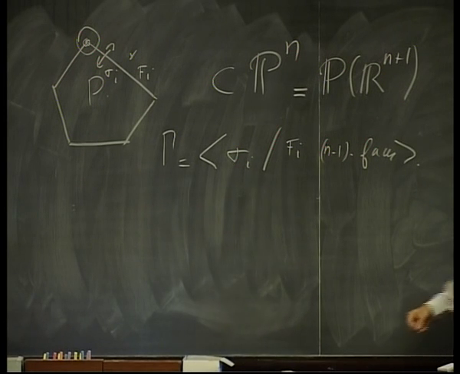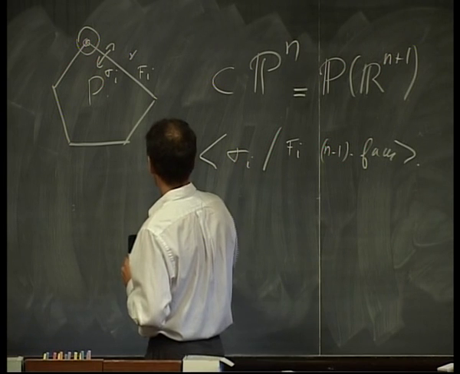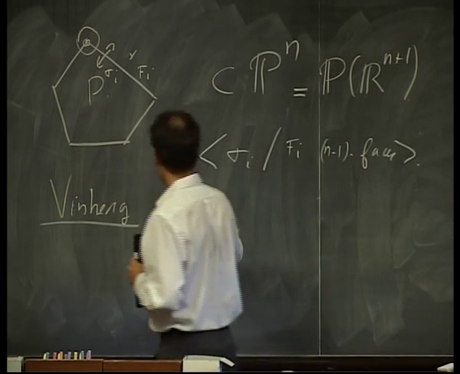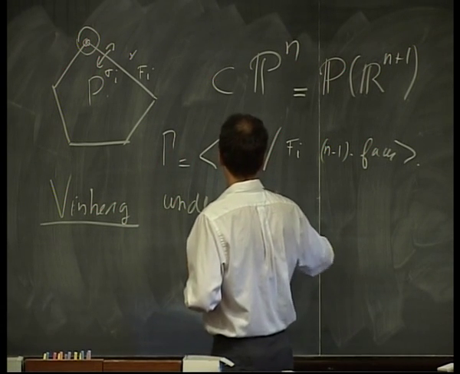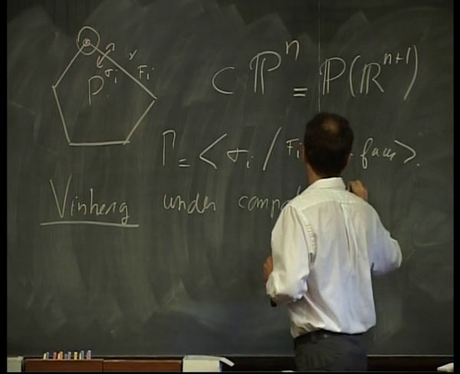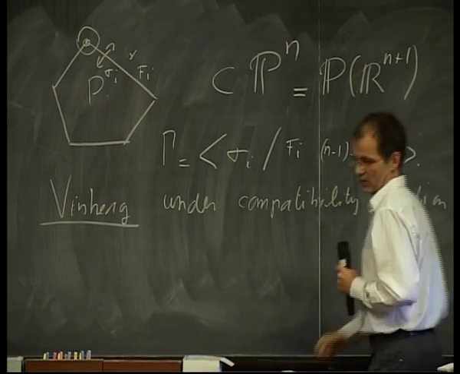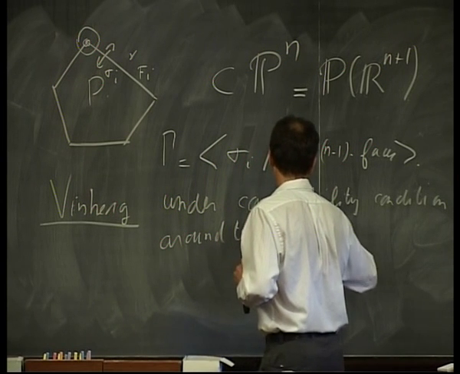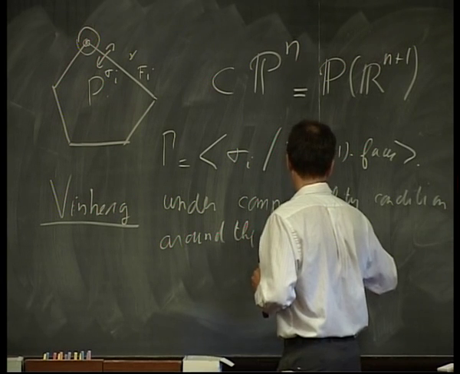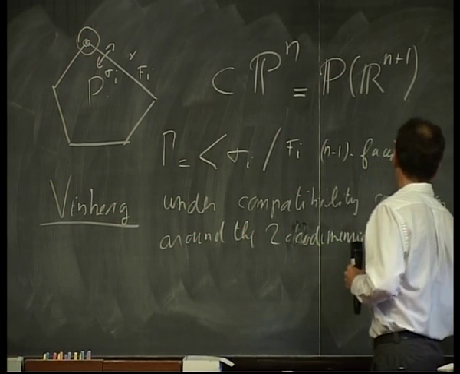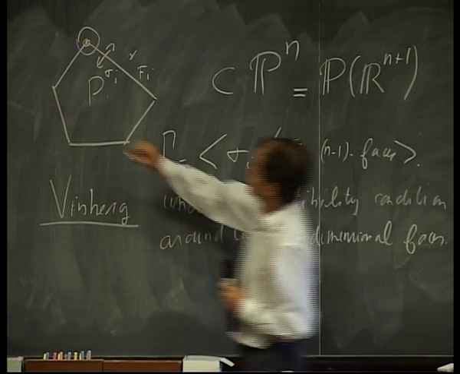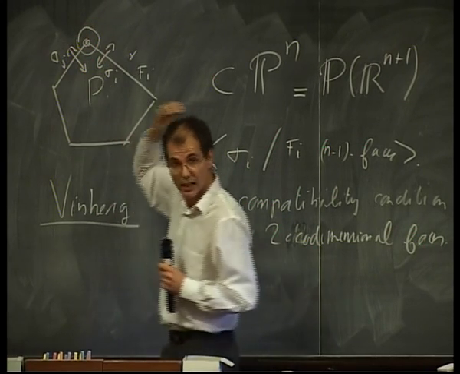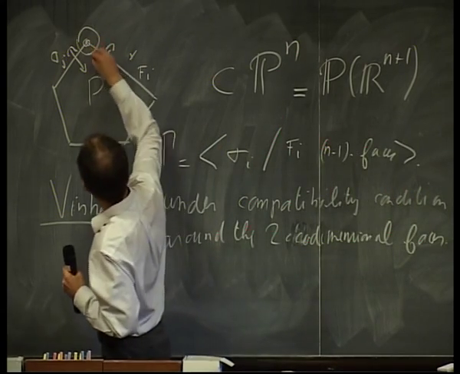And this Vinberg theorem tells you that, under a compatibility condition around the codimension 2 faces, and these compatibility conditions are just that if you look at the dihedral group generated by sigma i and sigma j, and the image of P by this dihedral group, this dihedral group has to be finite, and it makes a tiling around these faces.